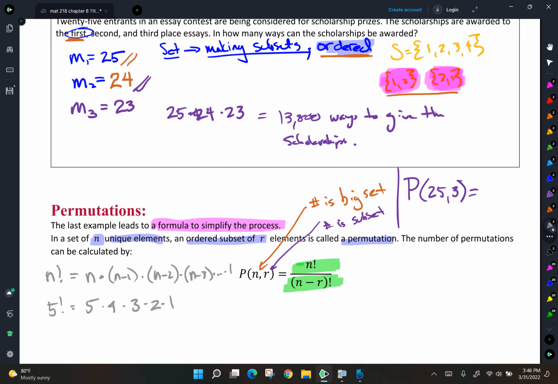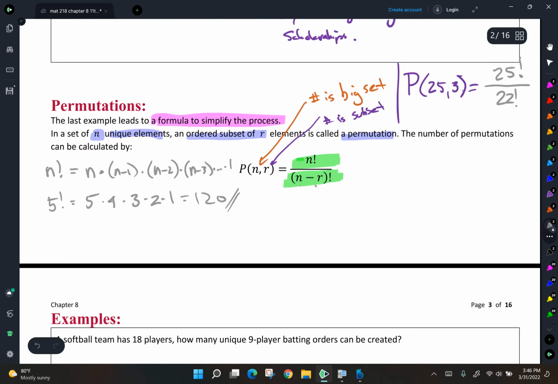Our example needs us to do 25P3, so that means we need to do 25 factorial divided by 25 minus 3, 22 factorial. Now that's going to be a lot of math, so I'm going to do it down here. Let's see.